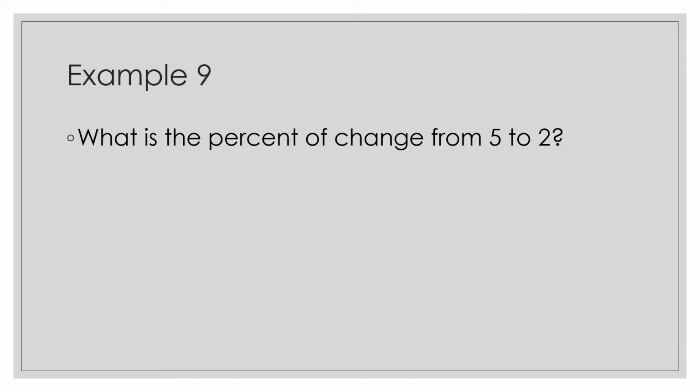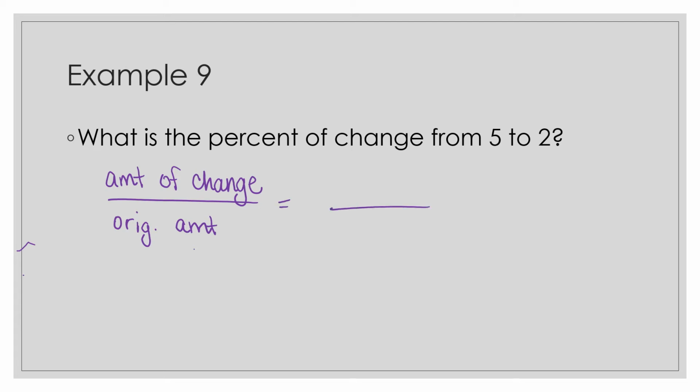Okay, what is the percent of change from 5 to 2? Okay, so to find any percent of change on any problem, we do the amount of change divided by the original amount. So to find the amount of change, we're subtracting the two numbers.